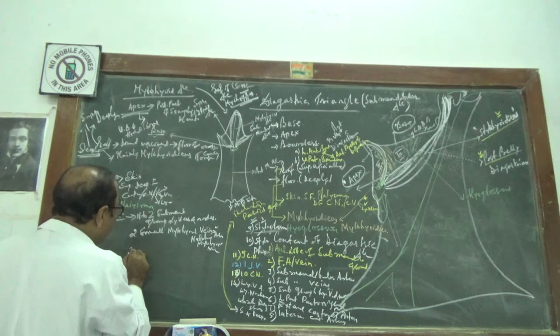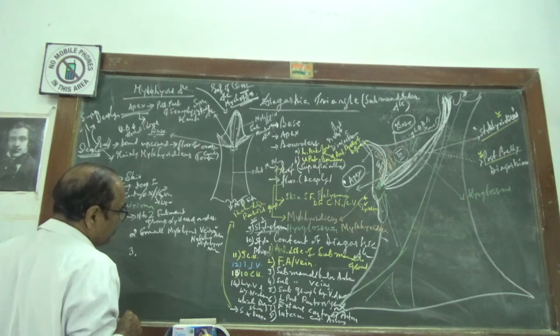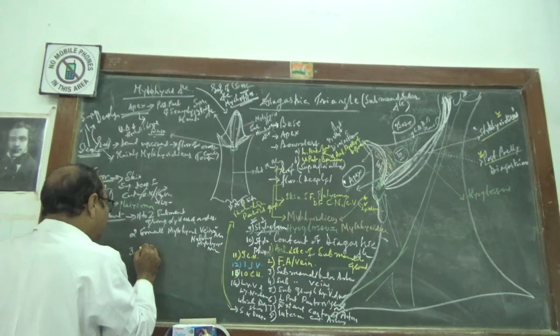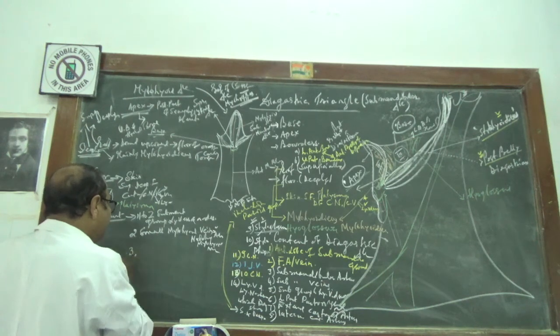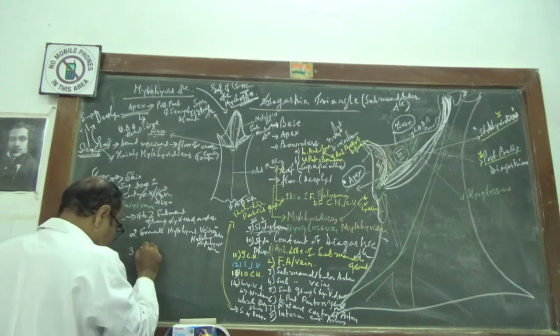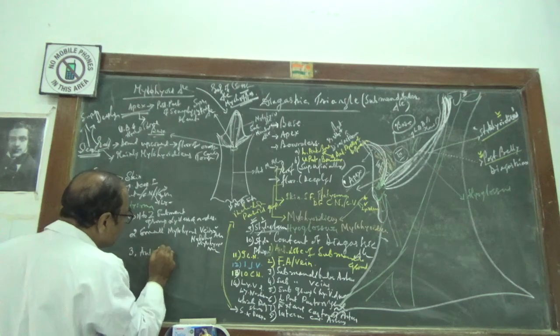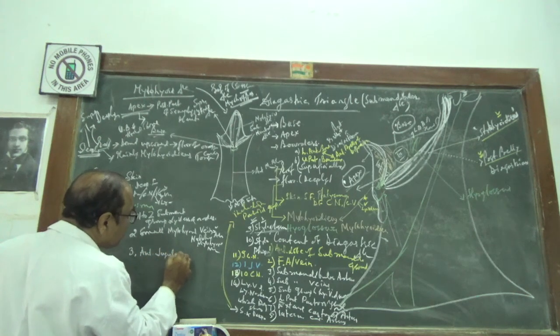Then the third is the anterior jugular vein.